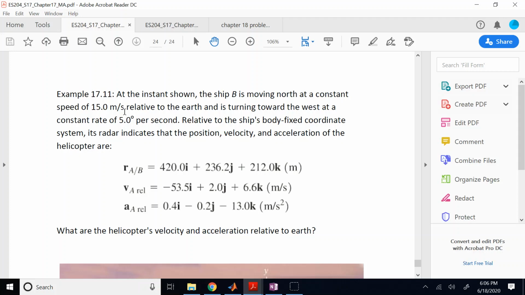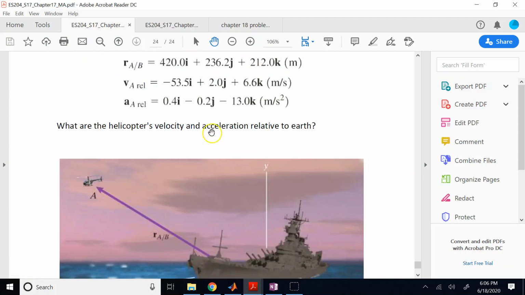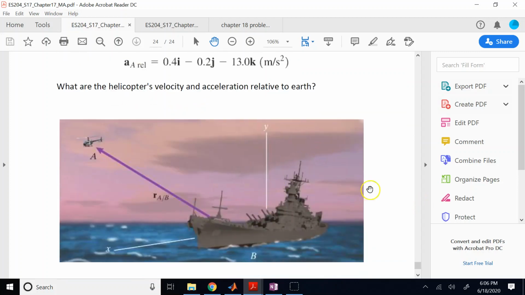So we know in which direction it is moving and how it is turning with respect to the fixed reference frame on the Earth. And then the radar of this ship is catching up the relative position, the relative velocity, and the relative acceleration of the helicopter with respect to itself to be these 3 vectors. We want to know what is the velocity and what is the acceleration of the helicopter measured with respect to the fixed reference frame on the Earth.